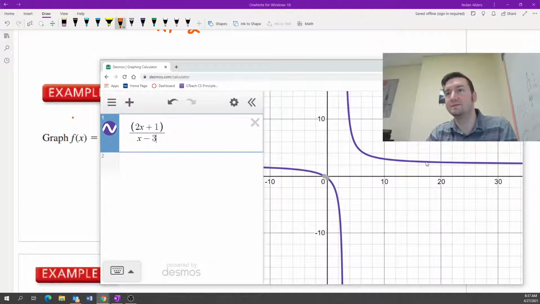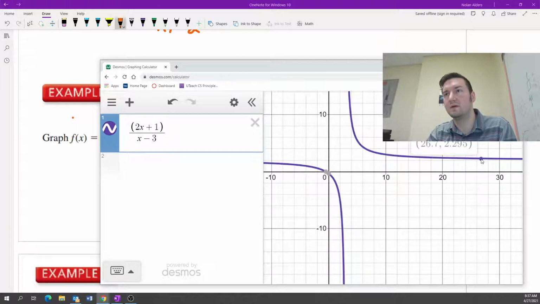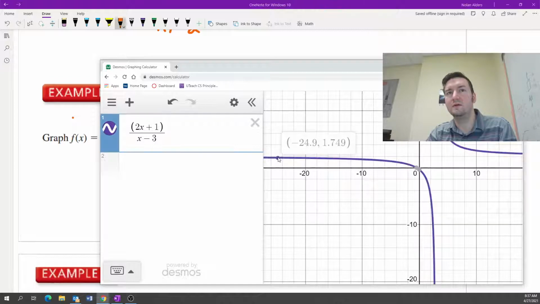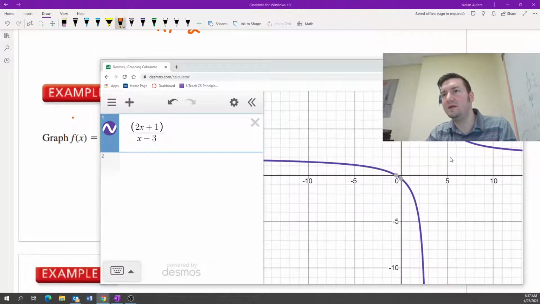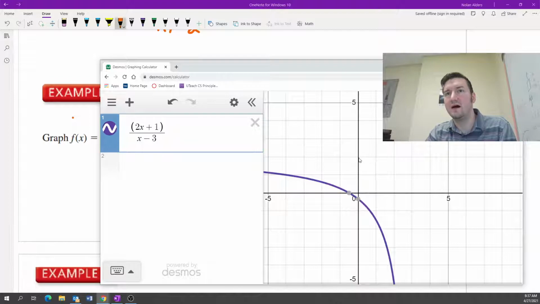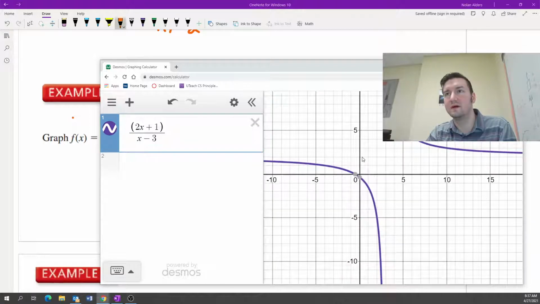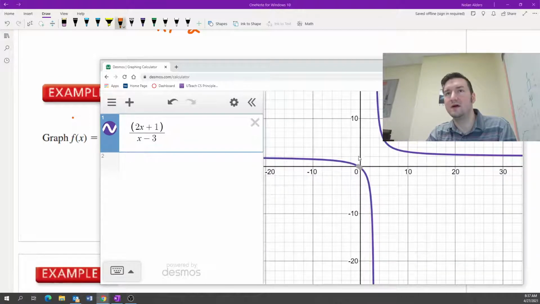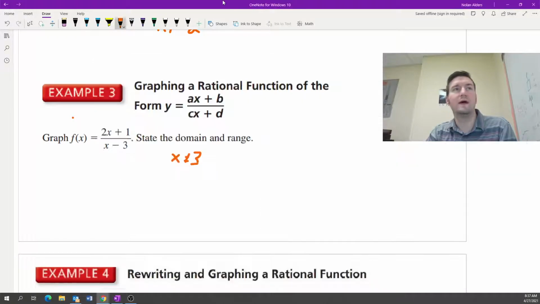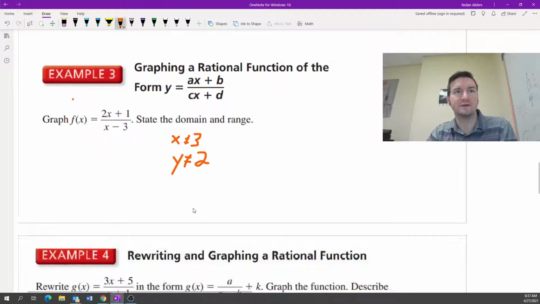Actually, that may change it. 2.2, 1.7. I'm thinking it's just going to be this line right here, right at 2. So I think 2 just may be our asymptote. So we'll say y not equal to 2 is our range for this function.